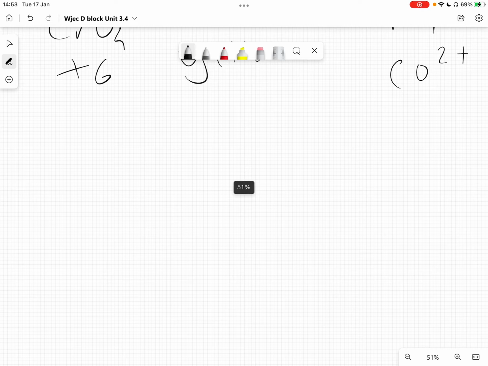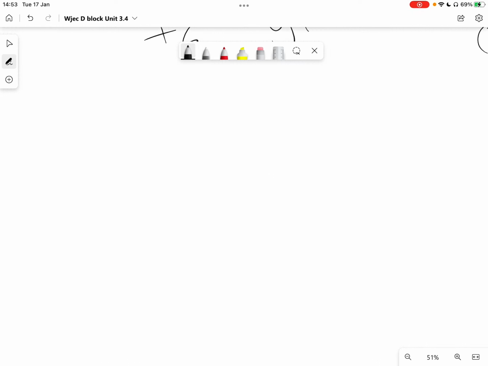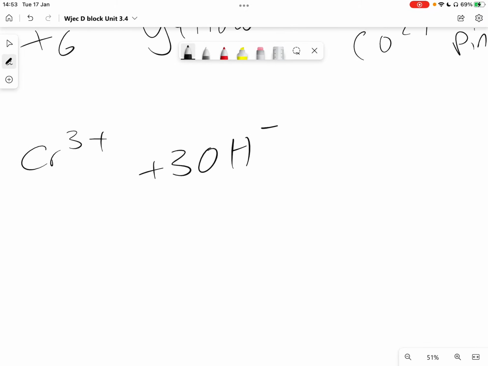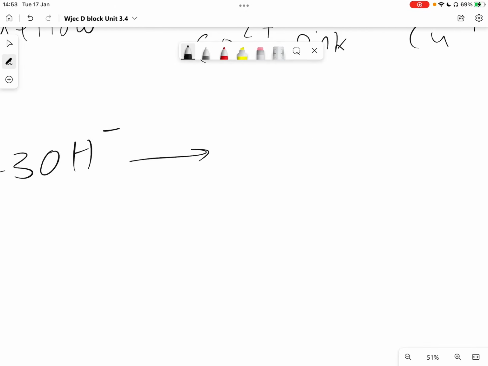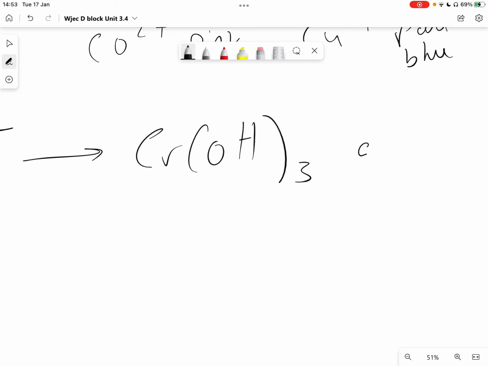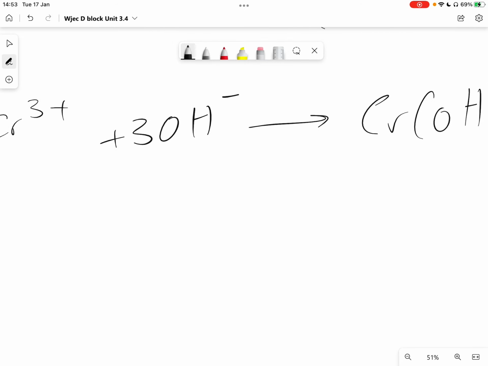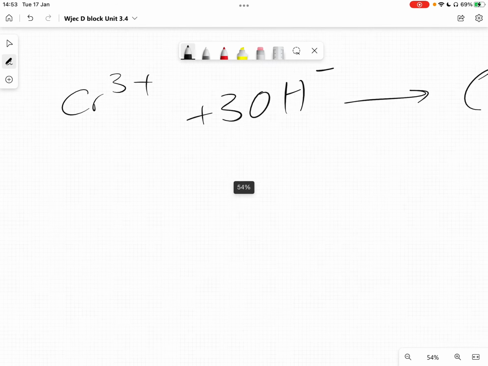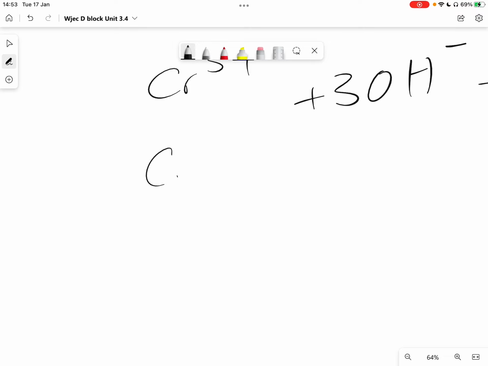Okay, so I'll start off with chromium. You also need to know the colour changes for these. So we have Cr3+ plus 3OH-, and this is going to form a precipitate of Cr(OH)3, like so. And this is a greeny grey solid. And then, as it's amphoteric, it can react once again with further OH-.